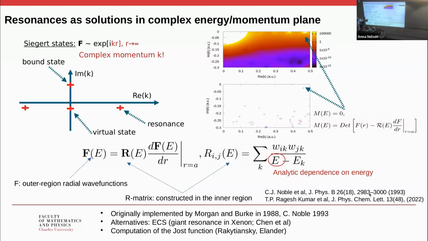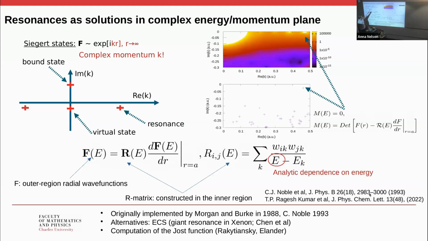But with the R-matrix, we can do it very straightforwardly because we have the separation between the outer region and the inner region. The outer region is a simple problem, and we know what the solution is. It's this. That's the boundary condition for the Siegert states. What we don't know is the energy, the complex energy at which this solution appears. So that's what we have to do.